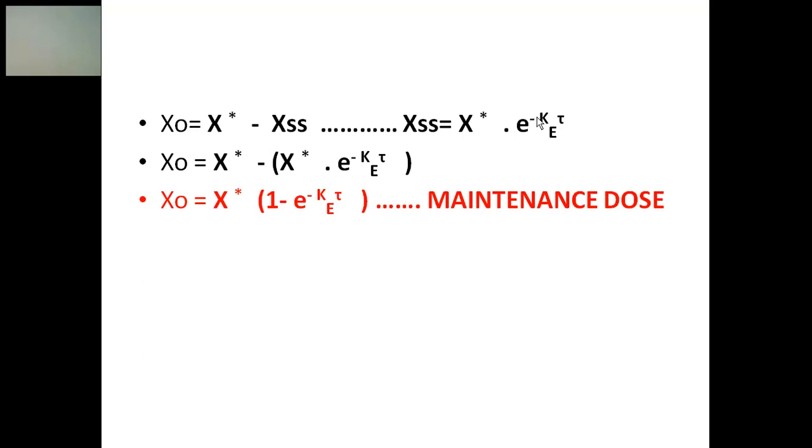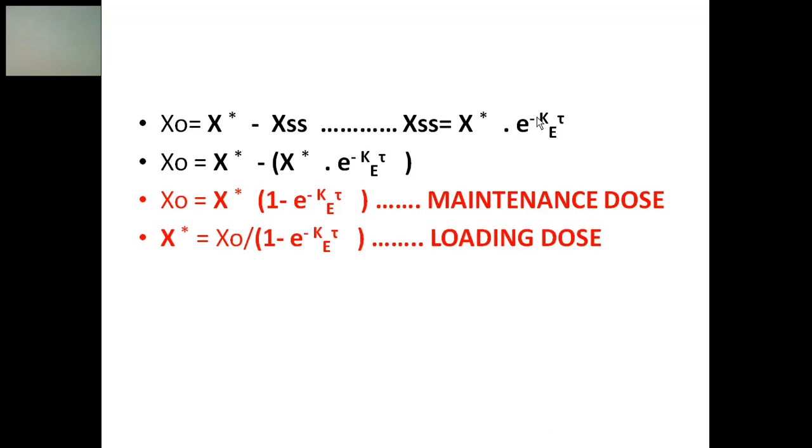So that's how you can get your loading dose, and the reverse way, x naught equals x star into 1 minus e to the power minus ke tau, you can get the maintenance dose. This can be used in two ways. So this is how we get the loading dose and the maintenance dose.